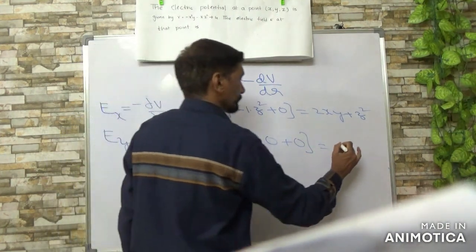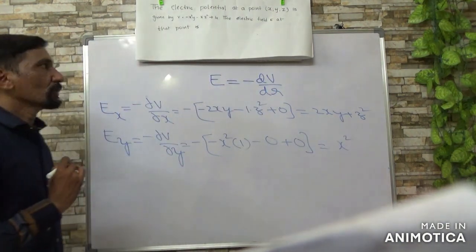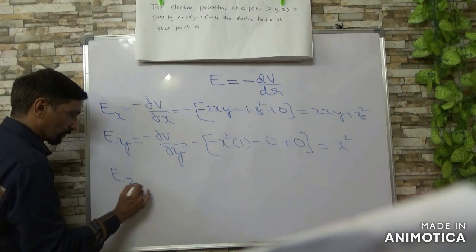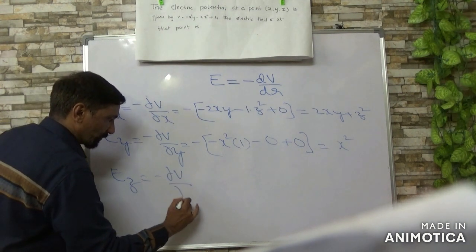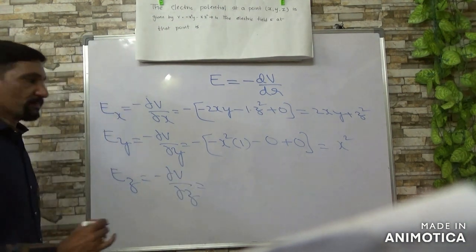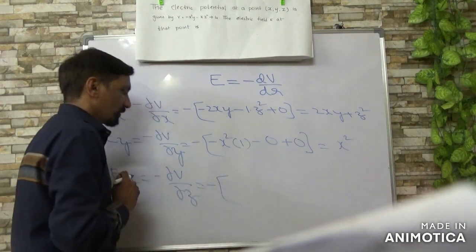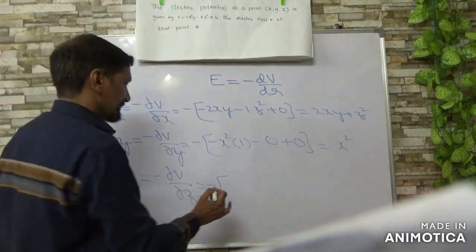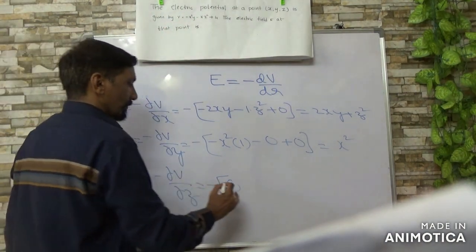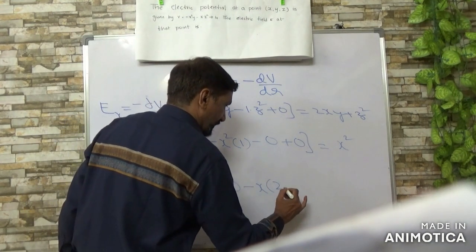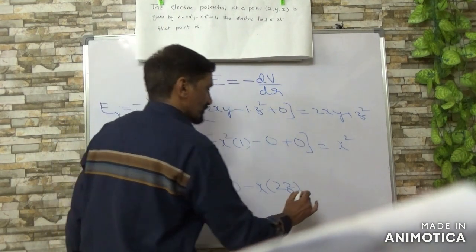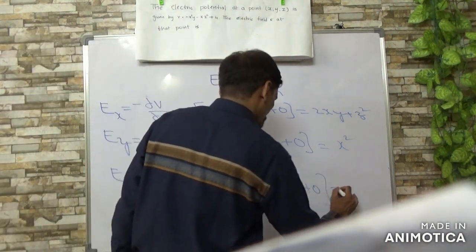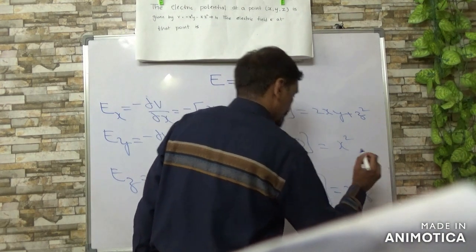Next, ∂V/∂z, minus of. Now you are differentiating partially with respect to z, so this part is 0. Minus x into z squared, differentiation gives 2z, plus constant 0. So you get minus of minus, plus 2xz.